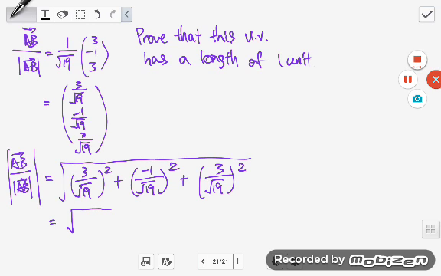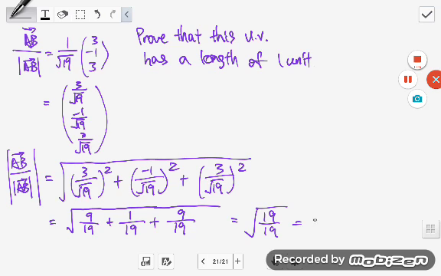And that will give us, so square root 19 and squared cancels out. I will have 9 over 19, and for -1 squared gives us 1 over 19, plus that will also be 9 over 19, which will give us square root of 19 over 19, which is equal to square root of 1. So therefore, my magnitude, or the length of this unit vector, is 1 unit.